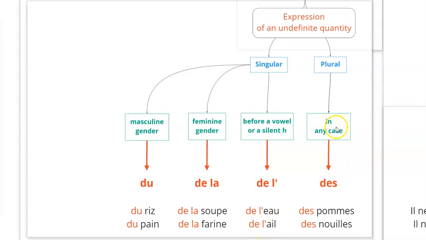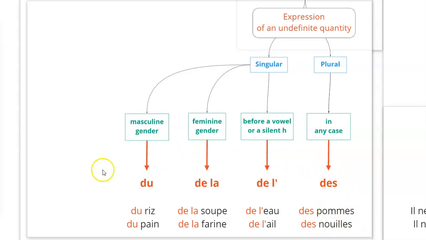And then the other case is the plural form, and in any case, whatever the gender, or even if the noun is starting with a vowel or silent H, you have des pommes, apples, des nouilles, noodles.